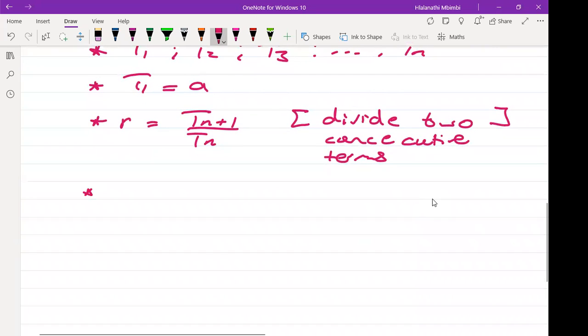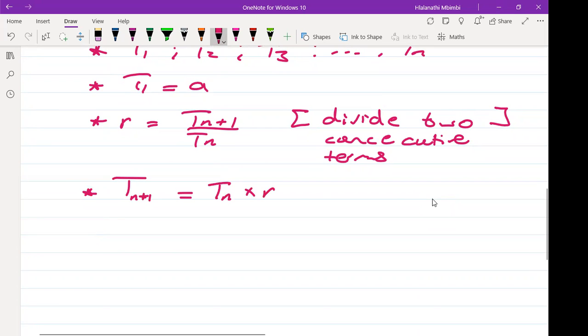If you look at that closely, you can write it as Tn plus 1. Just to mention, this n plus 1 is a subscript. So Tn plus 1 is equal to Tn times r.